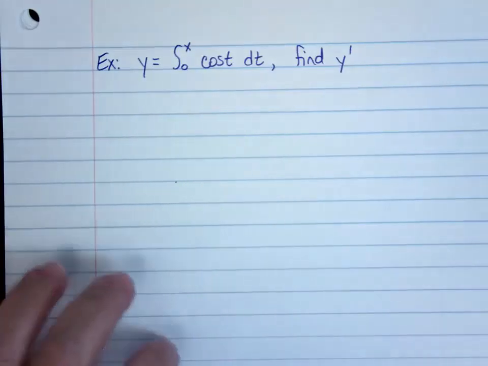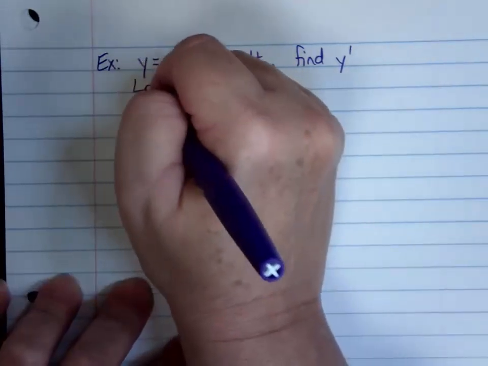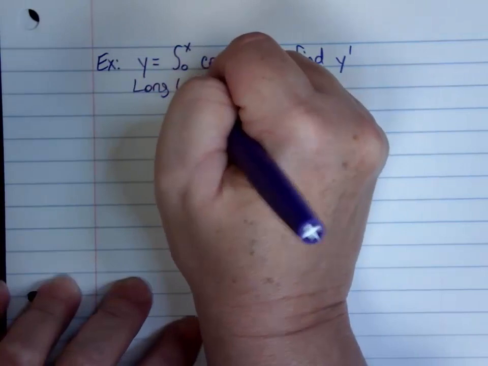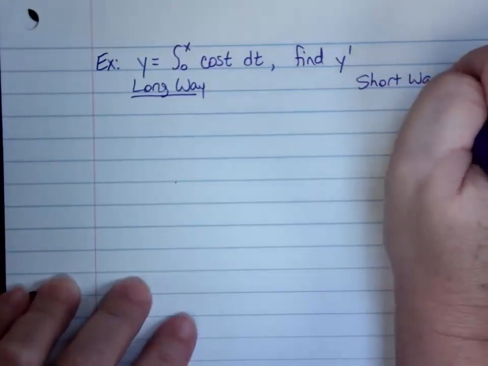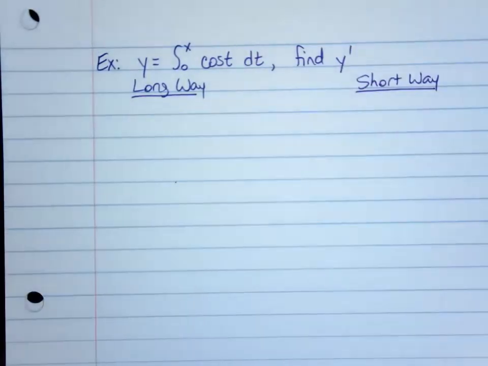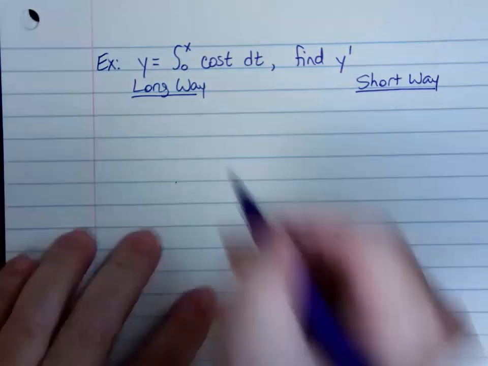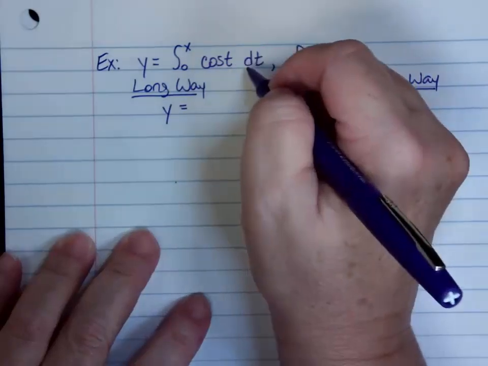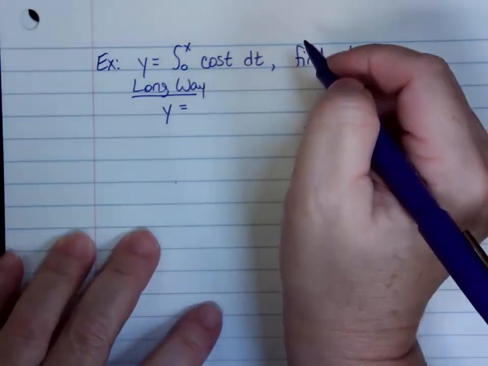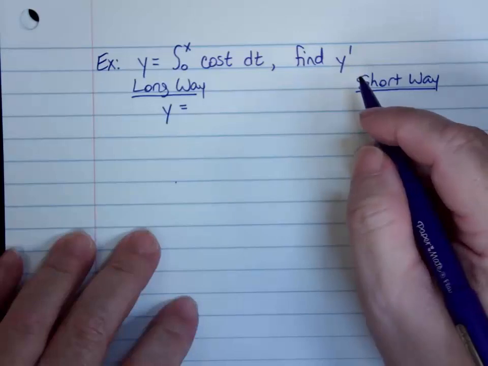So I'm going to write long way here, and short way over here. All right. The long way is to take the antiderivative. So y equals, I'm going to wait just a second because I see people still trying to catch up.